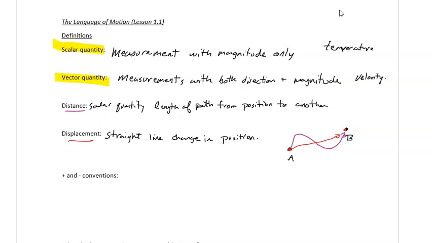This might be, let's say, 10 centimeters. But the displacement is probably only sitting at around 7 centimeters. But it's 7 centimeters going a little bit right and up because it has direction as well as magnitude.